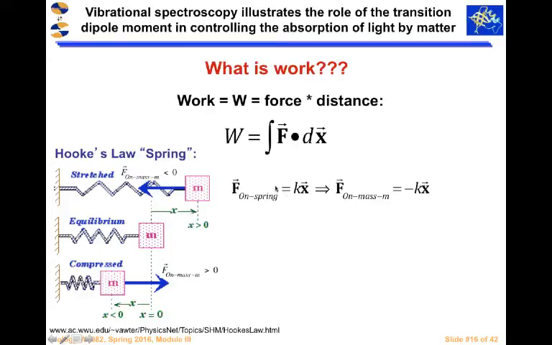The Hooke's law spring is one in which the restoring force is proportional to displacement from some equilibrium position, right? So Hooke's law spring has an equilibrium position. That would be the equilibrium bond length in the case of a molecule. If you make the bond longer, it tends to get pulled back.